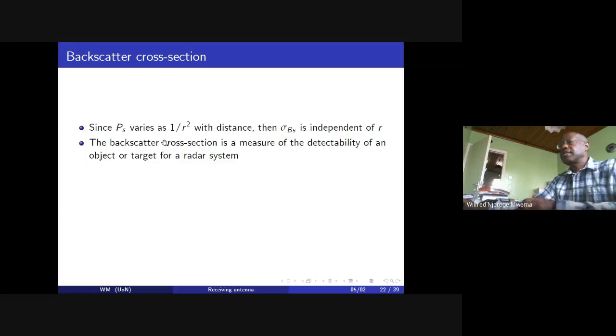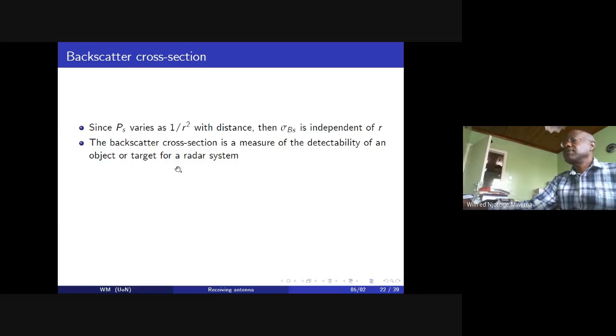So the backscatter cross-section is a measure of the detectability of an object or a target on a radar system. And therefore, in the military, you have heard of planes called stealth bombers and the likes.